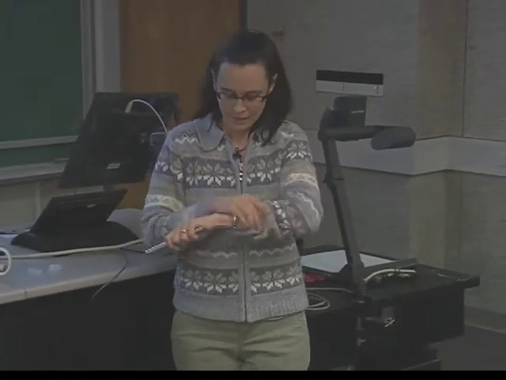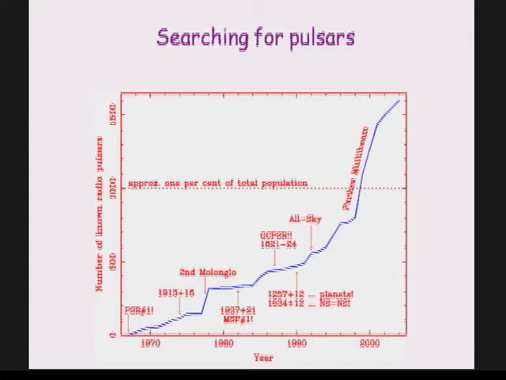So just a tiny little historical overview of pulsar searching. This shows the number of pulsars that we know of versus year. So here's when Jocelyn found the very first pulsar in 1967. By the way, this discovery was awarded a Nobel Prize to her advisor about 15 years later.